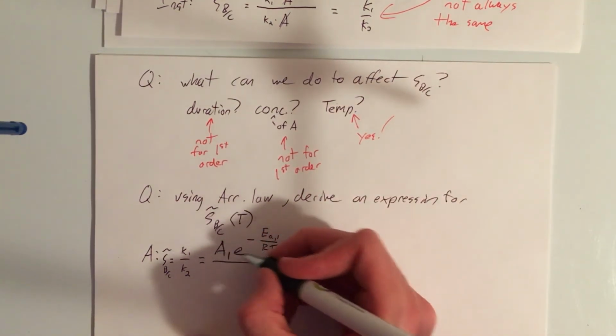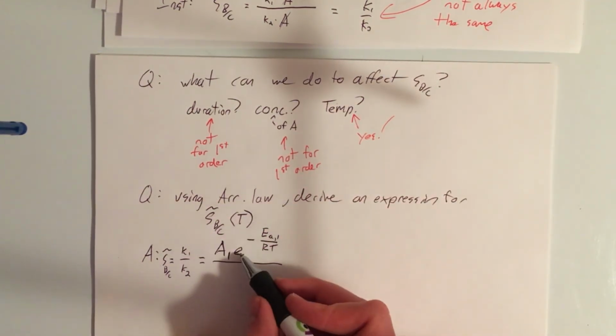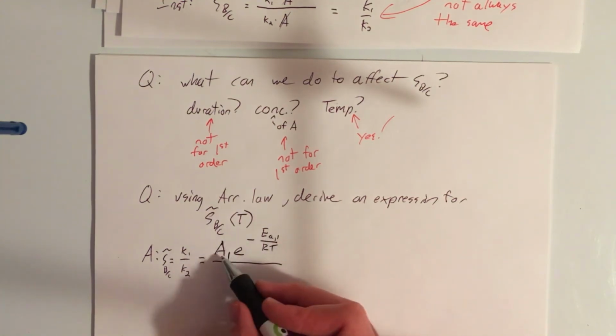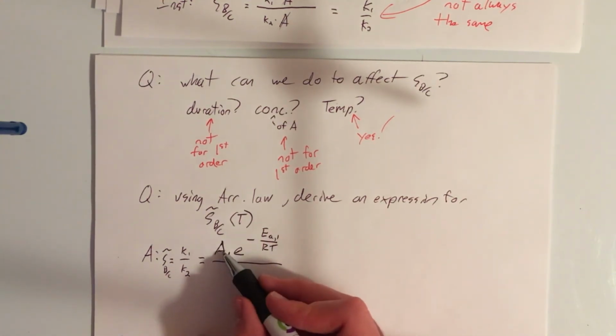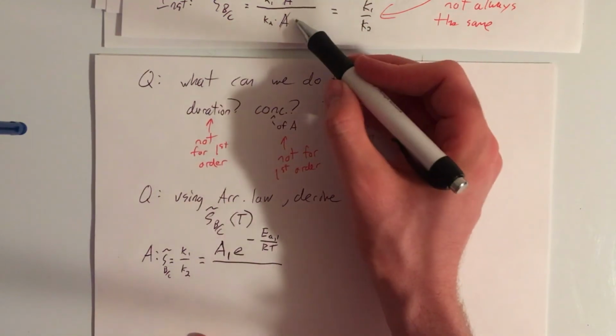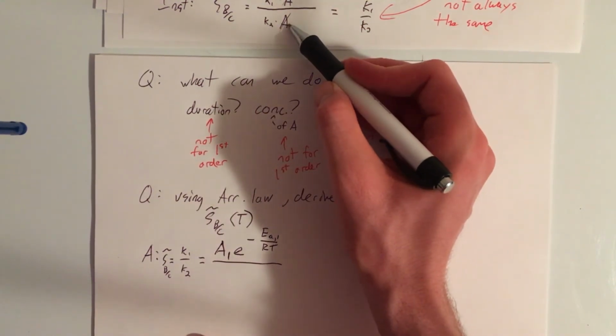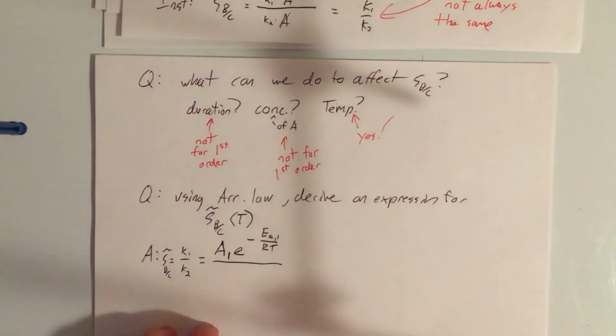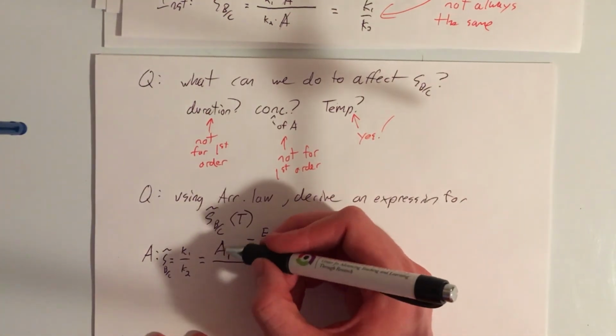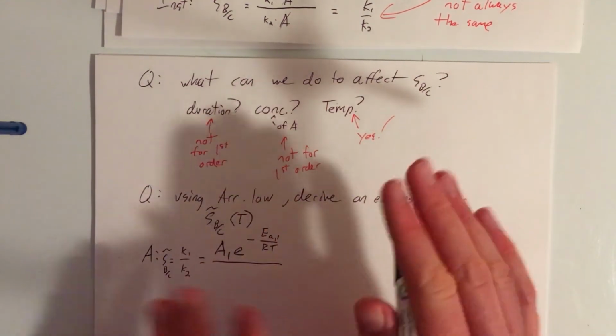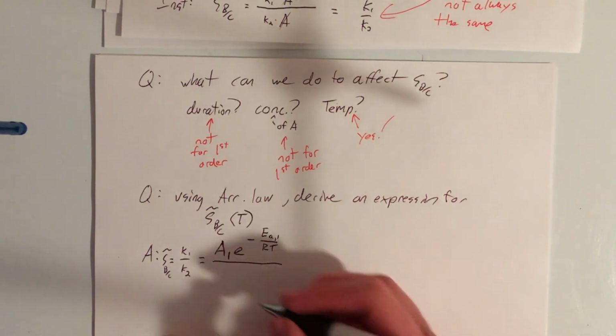This A was just the factor out in front of our exponential in our Arrhenius law. So we're making a distinction here between the pre-exponential factor A and things up here like concentrations of A or initial concentrations of A. Sorry to overload notation. This A is different from concentrations of A in terms of moles.